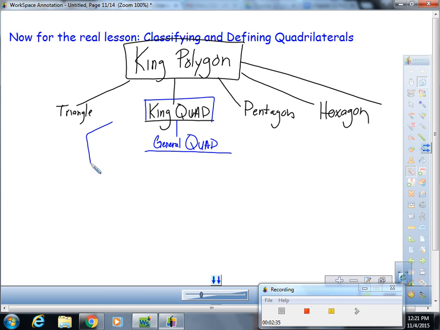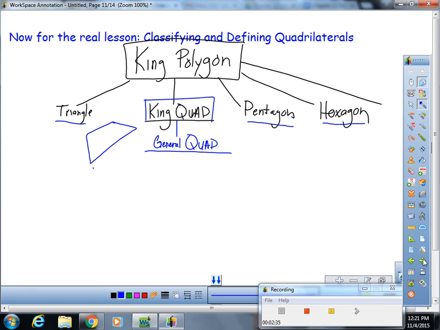Sorry, I'm not very good at art. Something like that, okay? Very nondescript. These are not parallel sides. These are not parallel sides. It was just a random general quad, okay? And the thing that made general quad different than the other members of the Polygon kingdom, triangle, pentagon, hexagon, was general quad only had four sides.